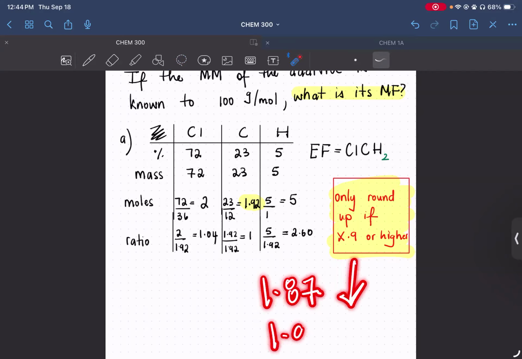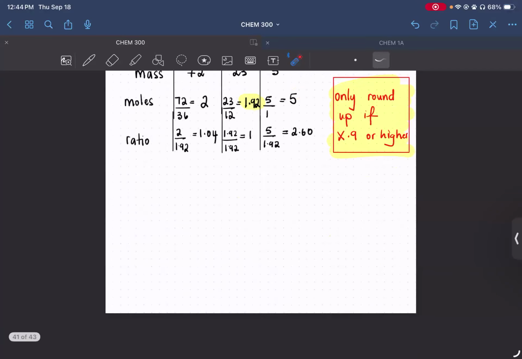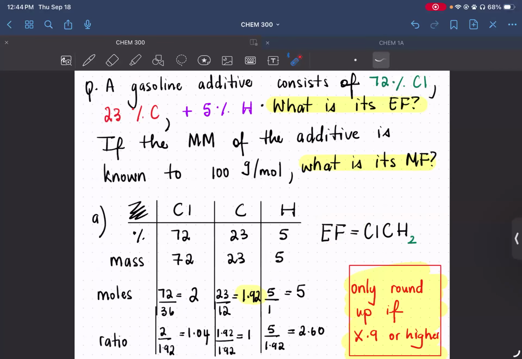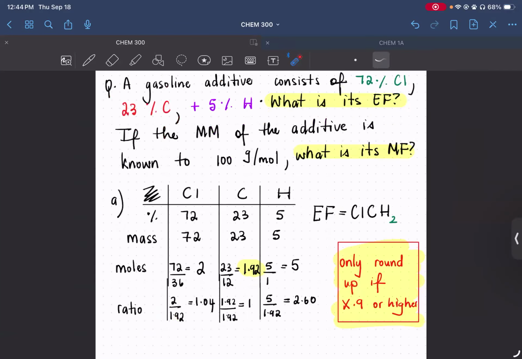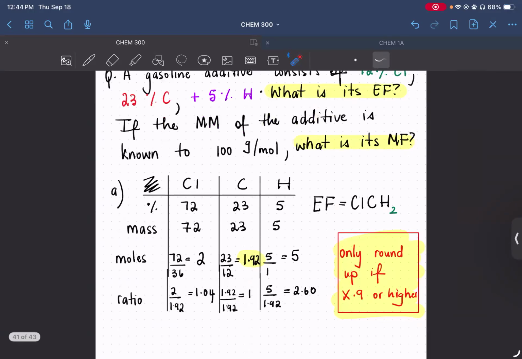If you get 1.91, do you round up or round down? Up. So it's on me as your instructor to ensure any question I give you, there is no ambiguity. But the rule is only round up if 0.9 or higher. That's the empirical formula question, part A.